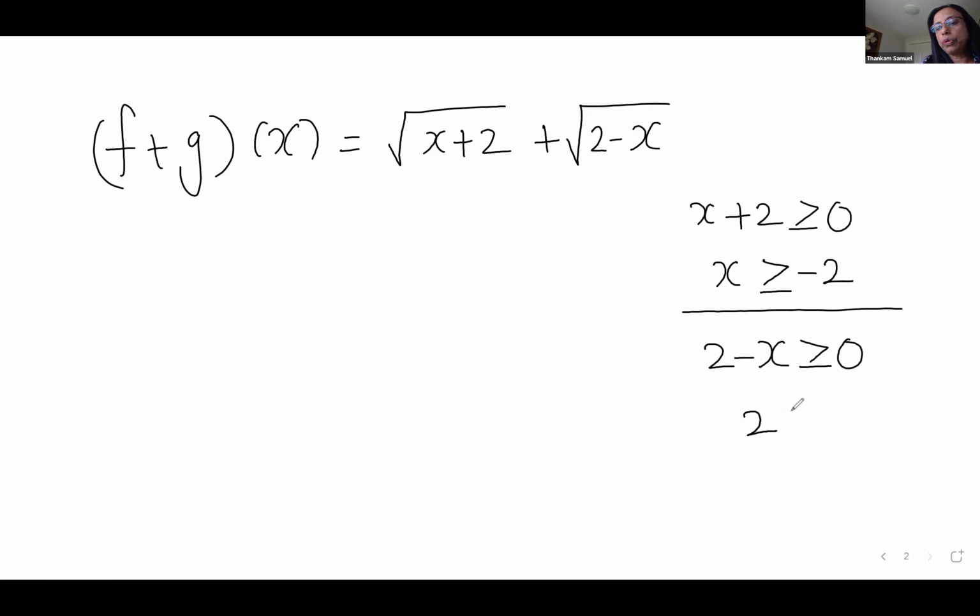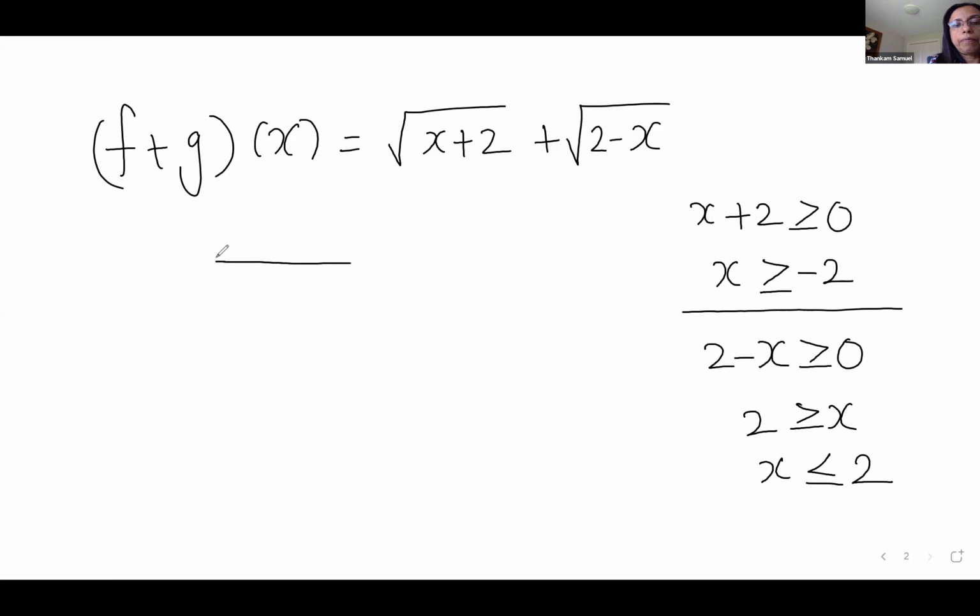So 2 must be greater than or equal to x, or we can also write this as x less than or equal to 2. So we need to find the domain that is common to both of these functions. That is the domain of this combination, or in other words, the algebra of this function.